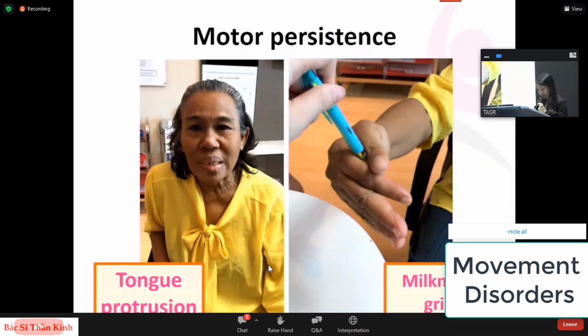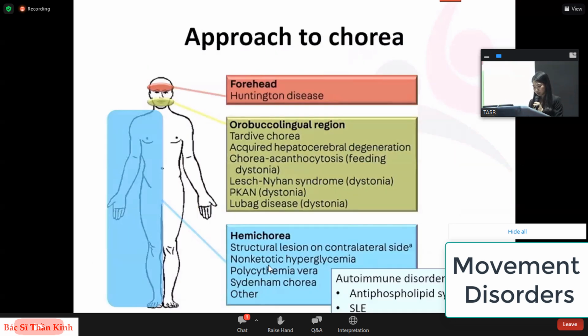So in addition to generalized chorea, these patients have a unique character of chorea that involves the forehead, the upper part of the face.